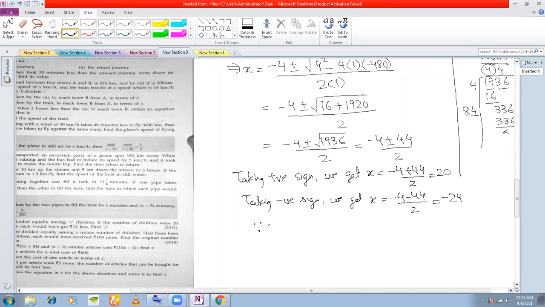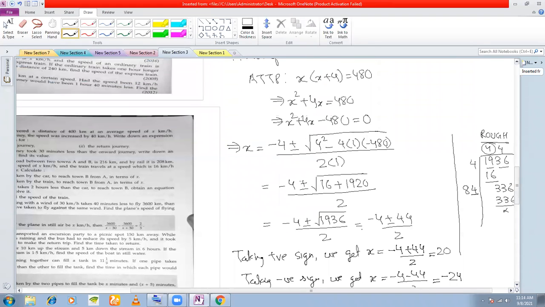Since x is the number of students, x cannot be negative, so x is equal to minus 24 is not acceptable. Therefore, x is equal to 20.